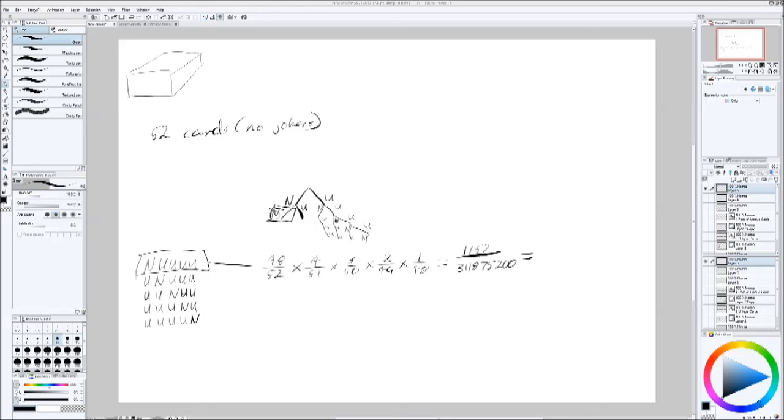So 1152 divided by 311875200. What the calculator's given me is 3.69 times 10 to the negative 6.